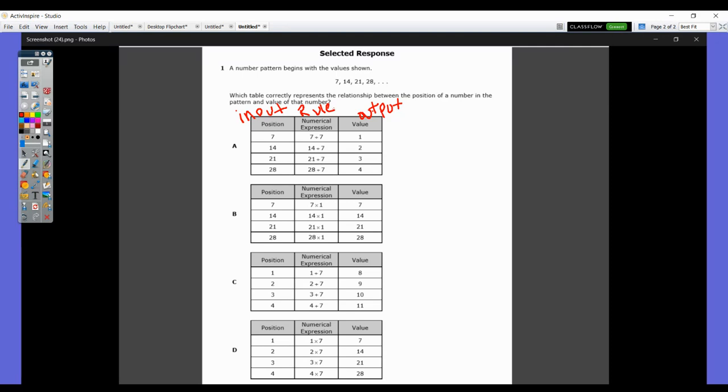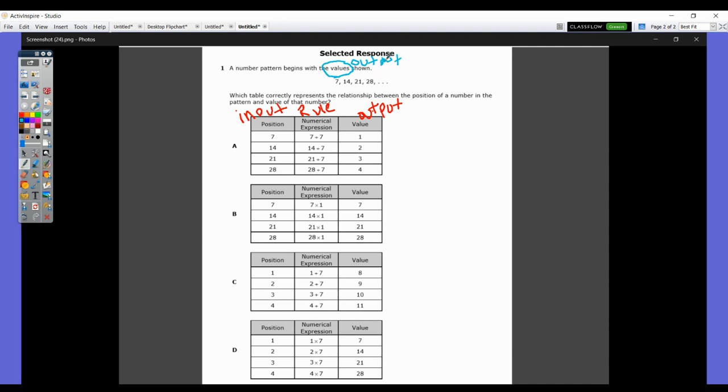Looking at this question, it says, a number pattern begins with the values shown, 7, 14, 21, and 28. I'm just going to quickly circle values. And remember, values is the same as output.